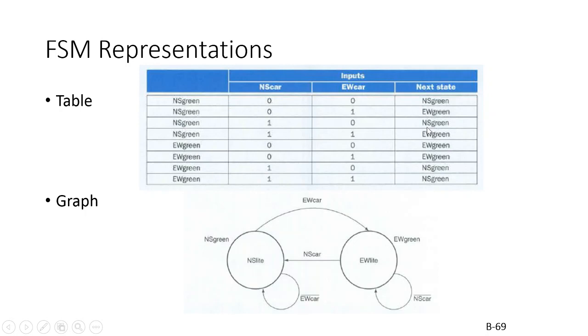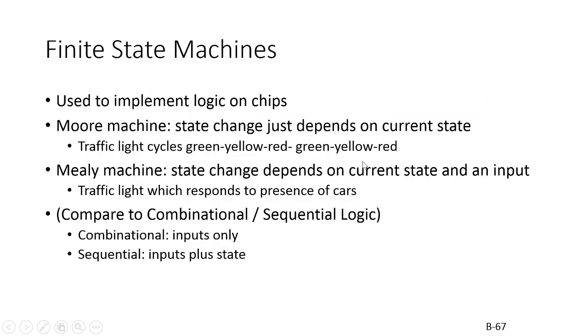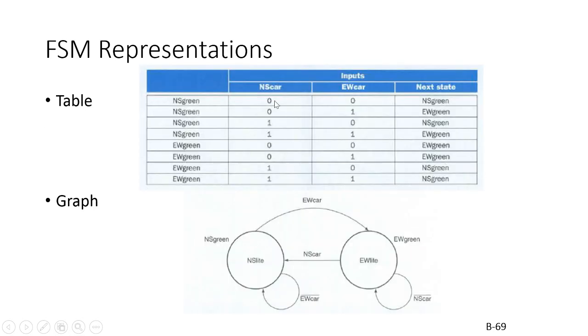And then again, this is just building logic, but now with a finite state machine, because we need to deal with not just the current state, but current state and an input. So the current state of what it is, right? And then the inputs, and then what the next state will be.